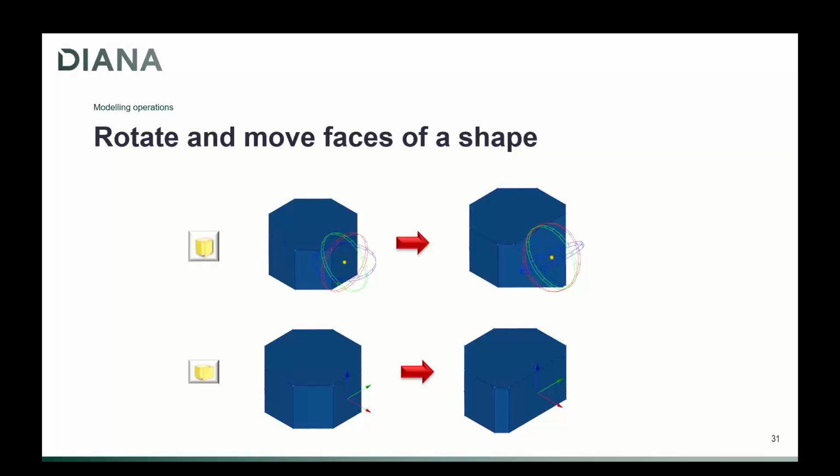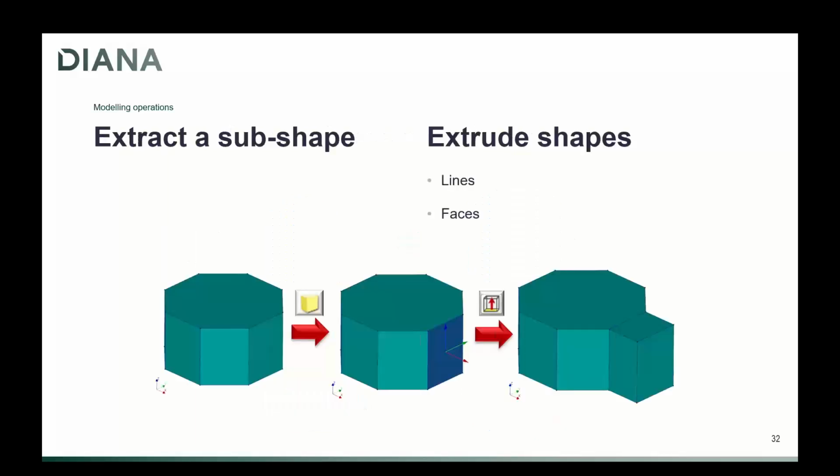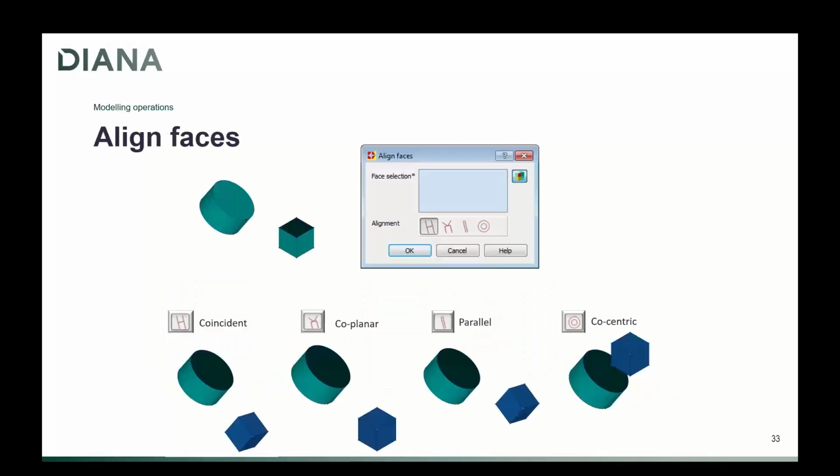I mean, this can be done interactively in the graphical window, or in the working window, or via the action box. You can select and extract extruded faces of edges. You can match different parts of your model with respect to each other using the align face function when you have different objects in your working environment.